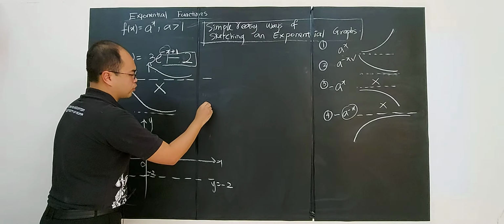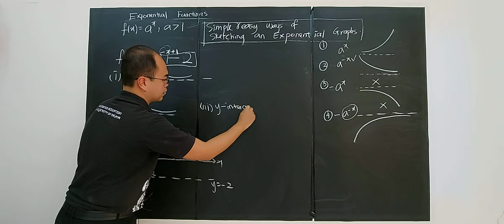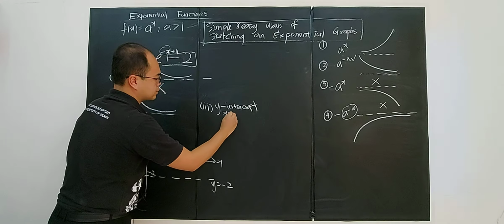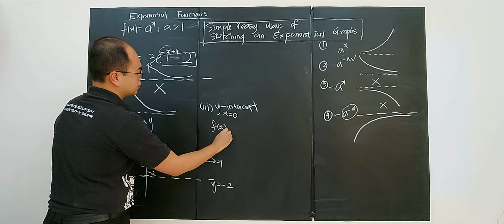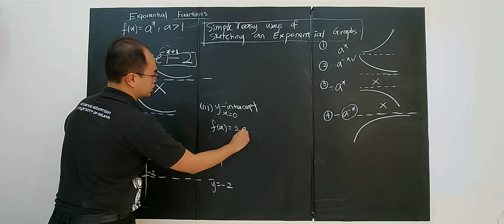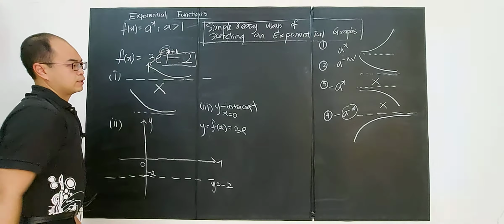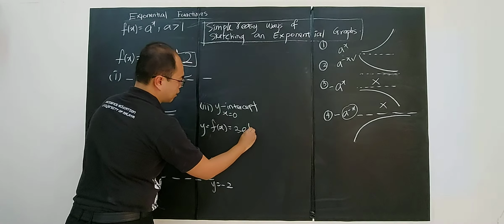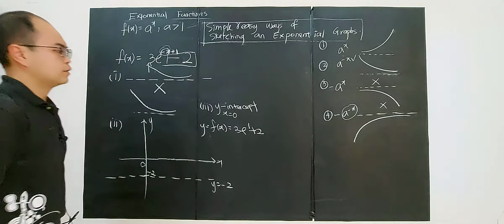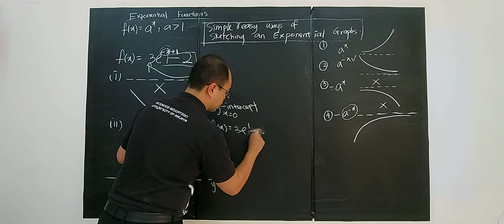So the third step, of course, you want to find the y-intercept, right? For the y-intercept, x will be 0. So you have f(x) equals 3e to the power of 0, minus 2. So 3e to the power of 0 is 3 times 1 minus 2, sorry, minus 2.